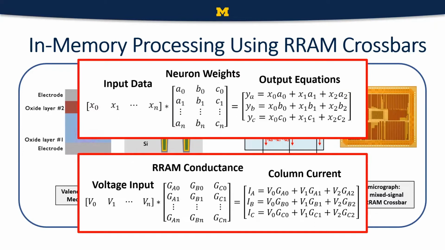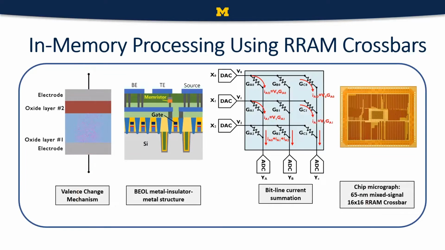Then, because of Kirchhoff's current law, all of these currents sum across the same bit line, or each column effectively. In doing so, we're able to accelerate every single deep learning step, which is dominated by matrix vector multiplications. Your input multiplied by your weights, that's all matrix vector multiplication. We're able to accelerate all of that extremely efficiently.